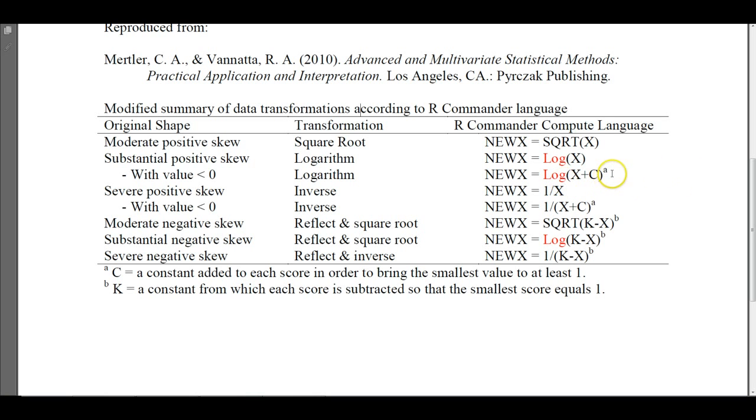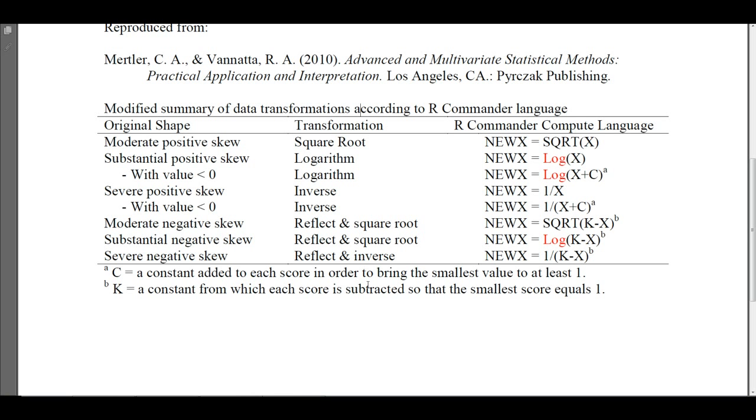And so what is c? If you look at the notation for a, it's a constant added to each score in order to bring the smallest value to 1. So what does that mean? Usually, it means if the minimum value for x is less than 1, then you need to add 1 minus that value.